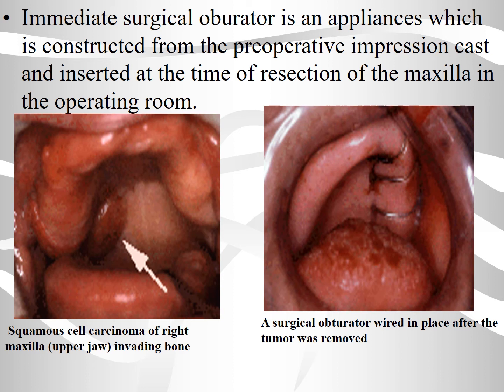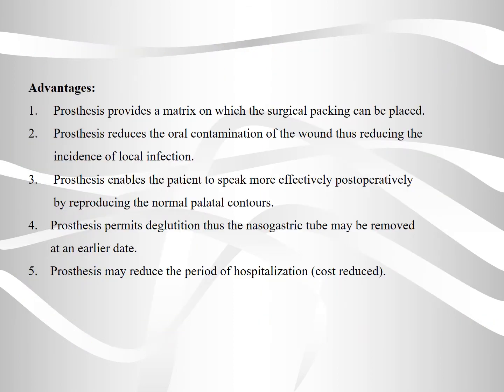In the left photo, you can appreciate squamous cell carcinoma on the right maxillary bone. In the right photo, you can see a surgical obturator wired in place after the tumor was removed.